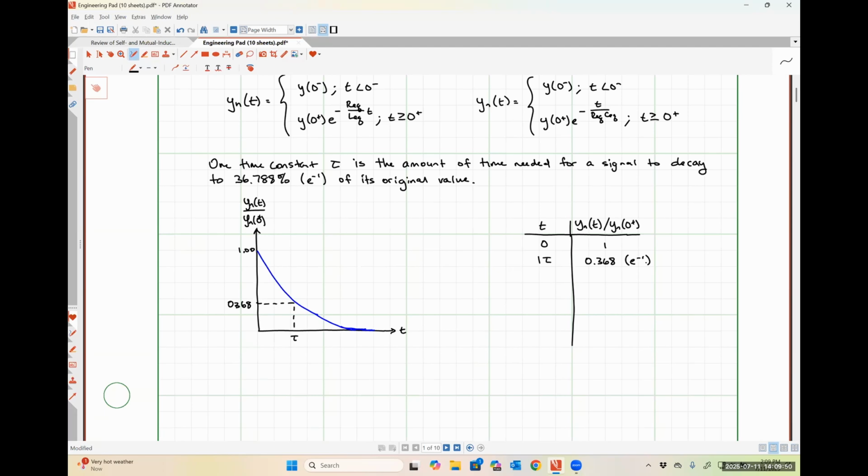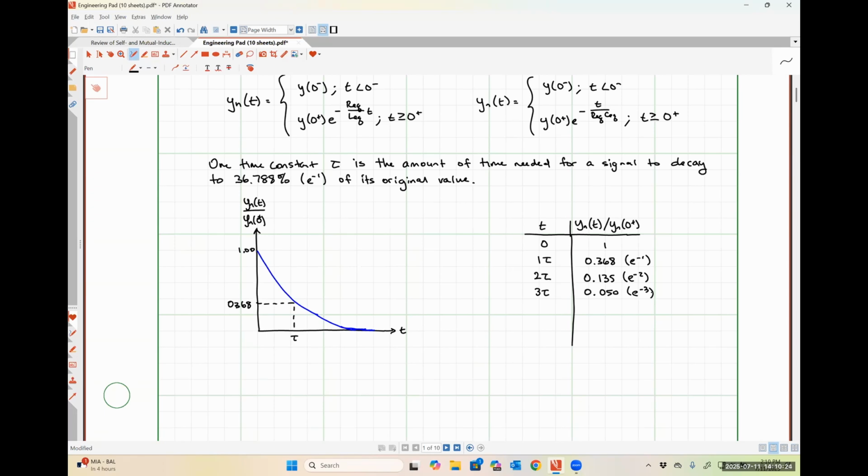At 2 tau, we have 0.135, which is just e^(-2). At 3 tau, we have 0.0497, so let's just call that 0.05, or e^(-3).